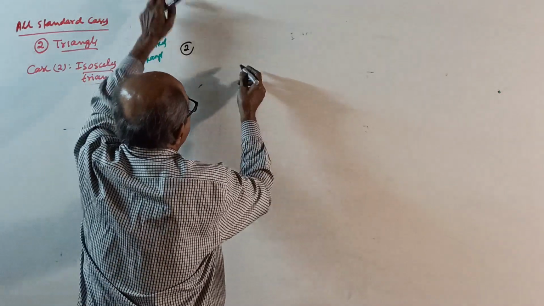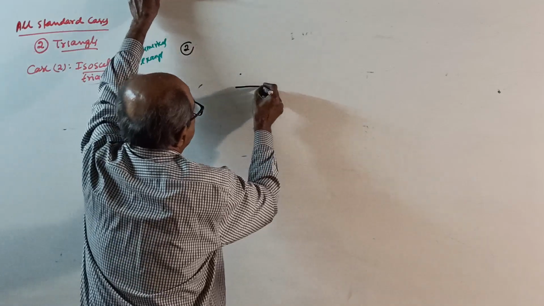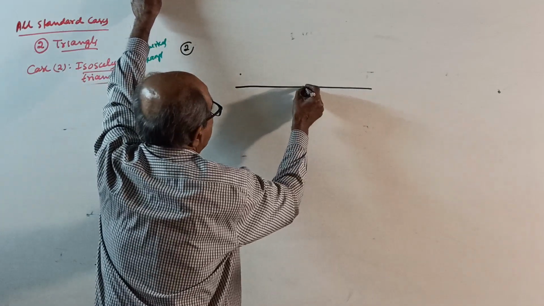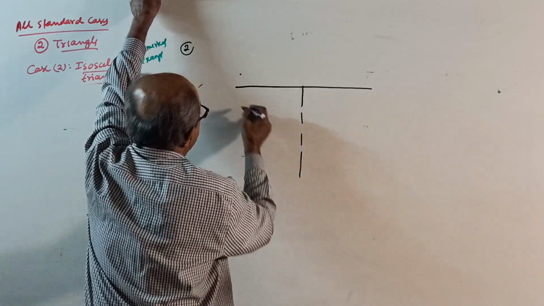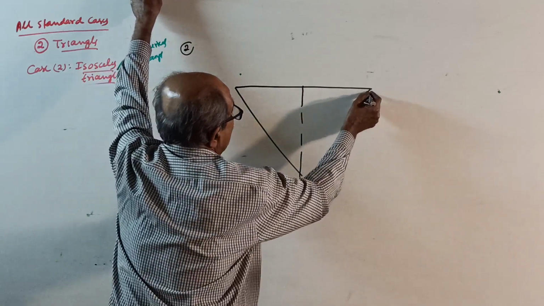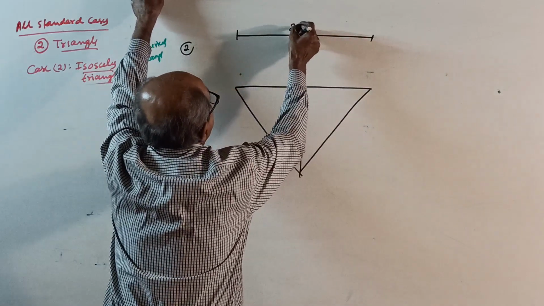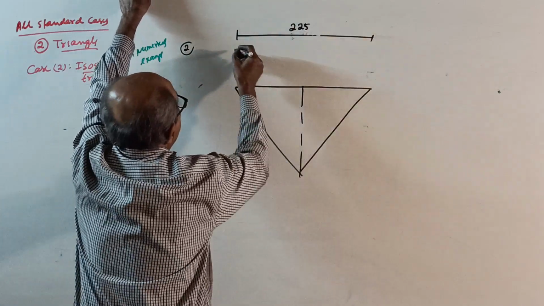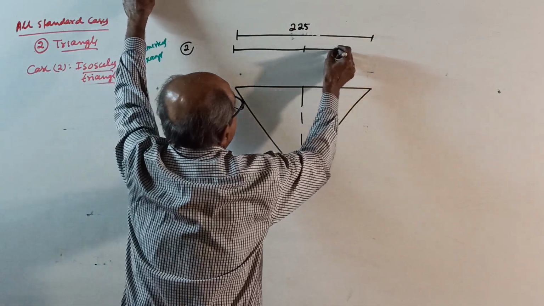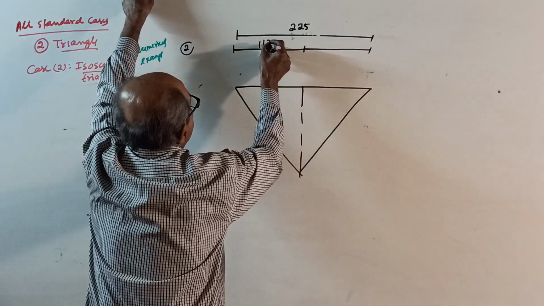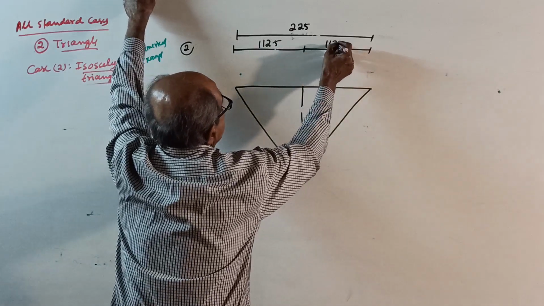You take like this, see, this way, center, single triangle, isosceles triangle. This full base is 225. It is given in the question, both are 112.5, midpoint 112.5.